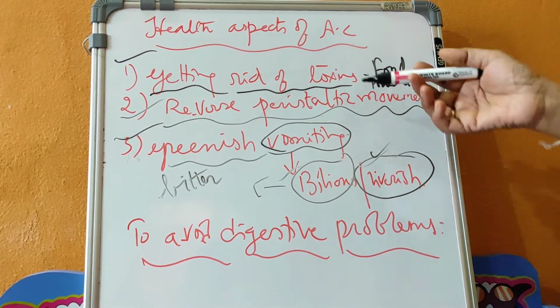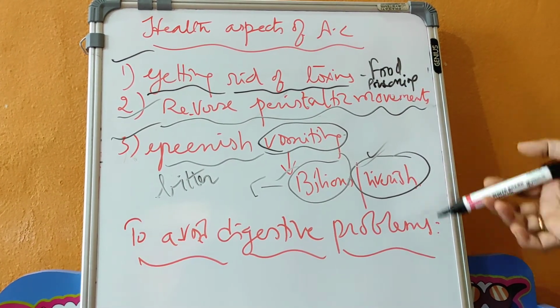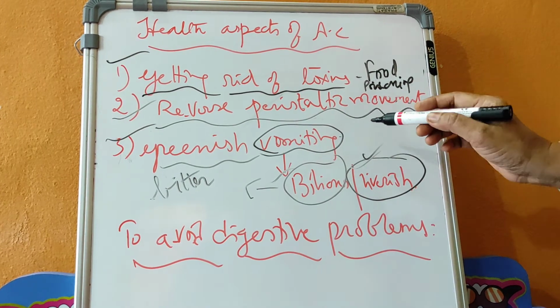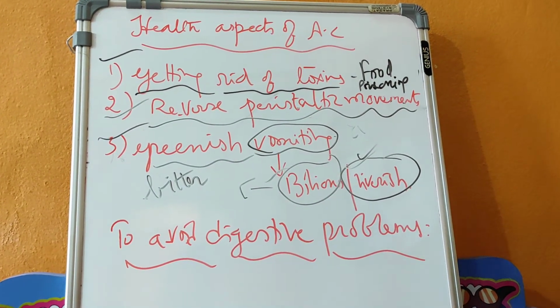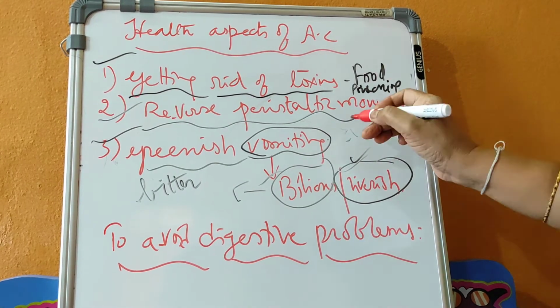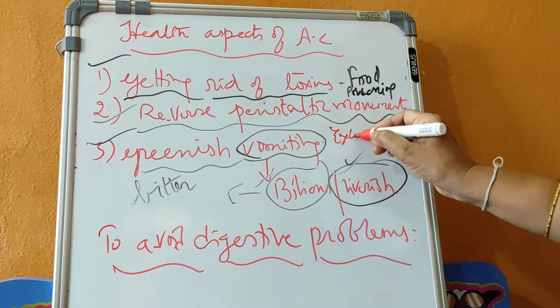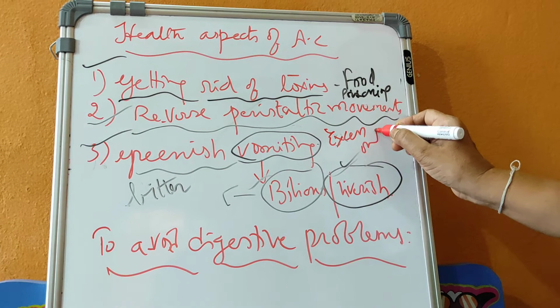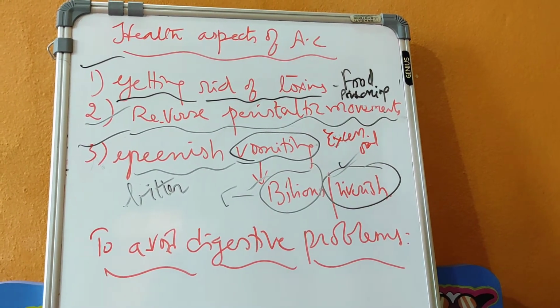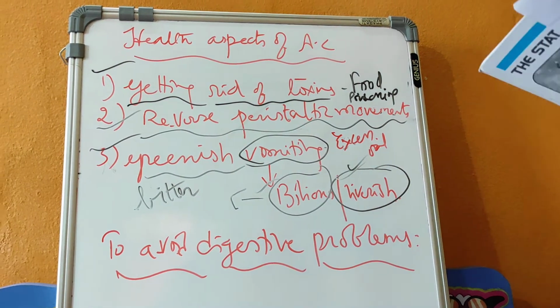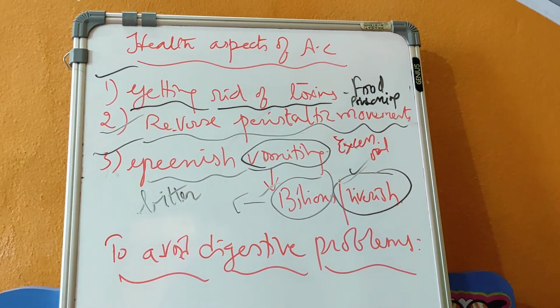Nausea is nothing but the vomiting sensation. We feel that because of excess oil. Already I told you, we get excess oil when we take outside food. This leads to food poisoning, because the liver is unable to digest the excess oil. Then we feel the nausea.